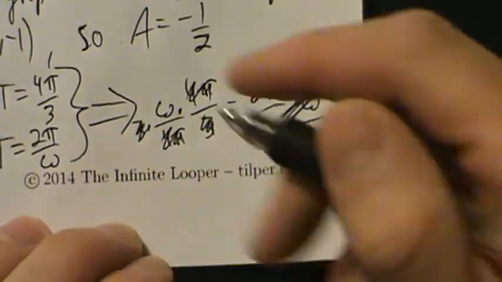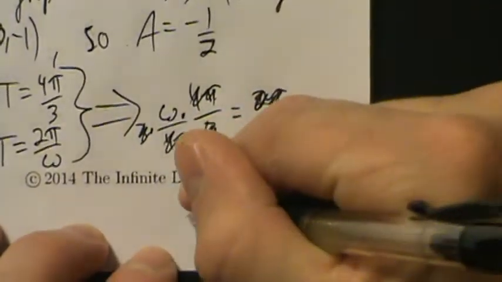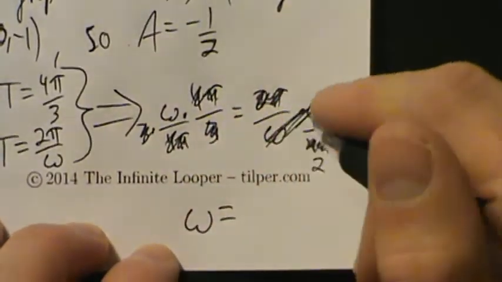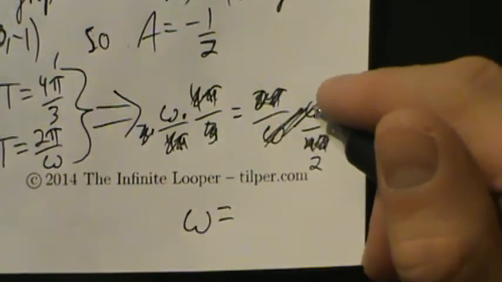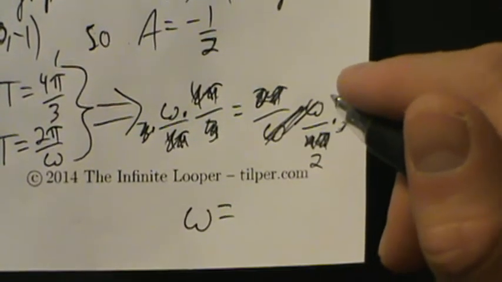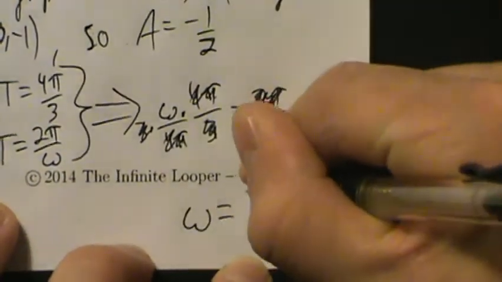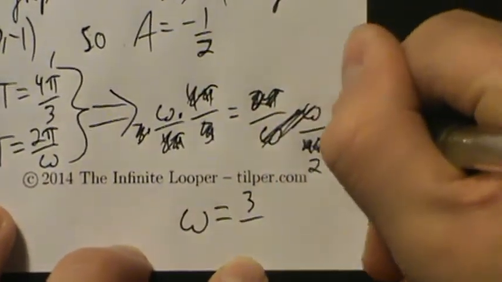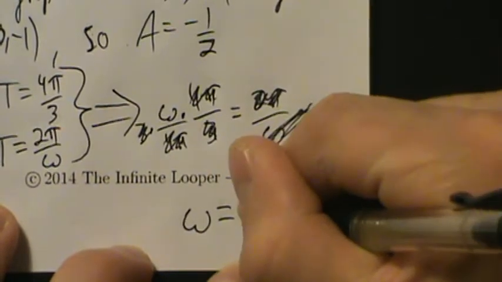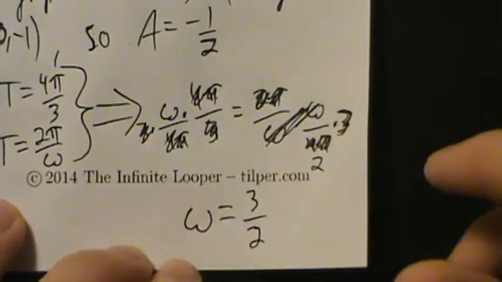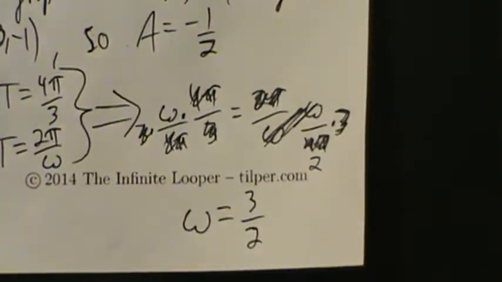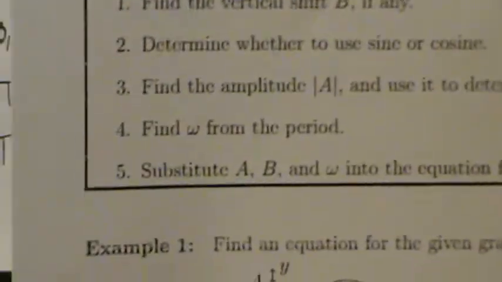So what we have now is just omega by itself on the left, and over here we have just 3 halves. We had that 3 on top from multiplying both sides by 3, and the 2 on the bottom from canceling the 2 and the 4. So omega is 3 halves. That's step 4, find omega from the period.